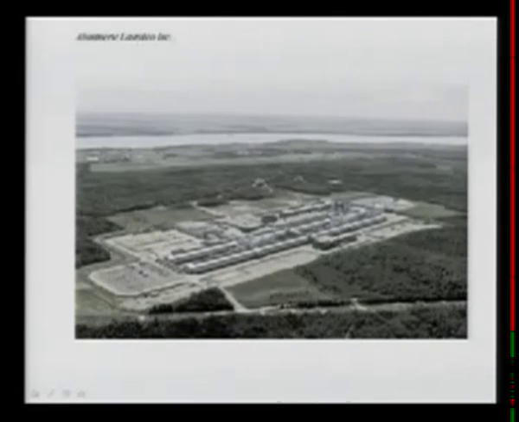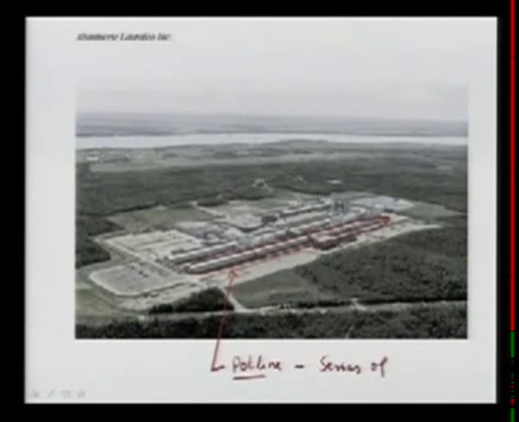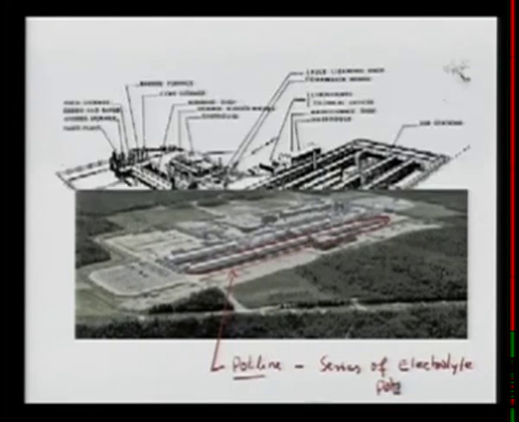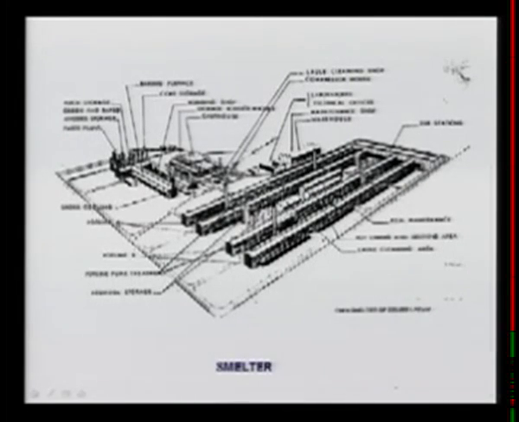This picture is taken from the internet, and you see this is the aluminium plant, and these, if I can draw a line here, we call them pot lines, because here we have a series of electrolyte pots. I can also show you perhaps a little bit more, okay, again this is more of a schematic.